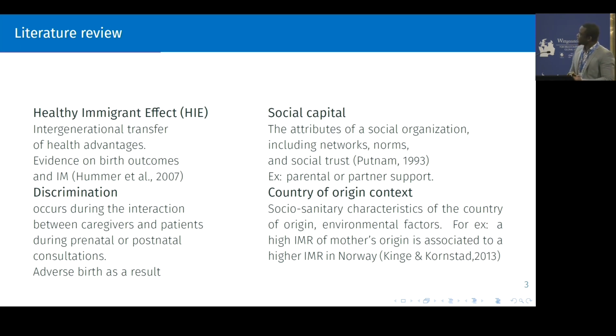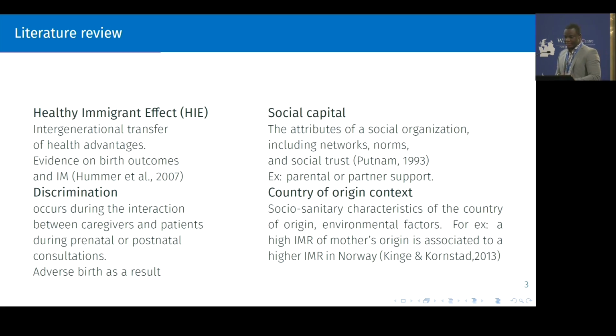This theory suggests that there is unexpected health advantages of immigrants in spite of the lower socio-economic status. In terms of infant health, this means that there is intergenerational transfer of health advantages.